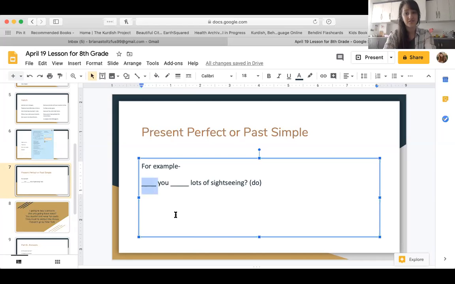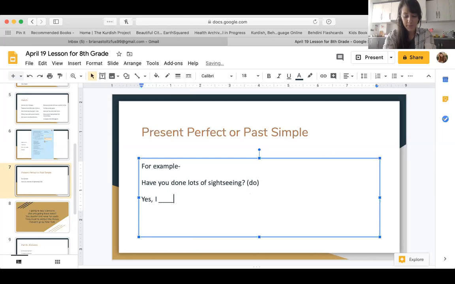Has or have? Have you, and then our verb is do. How do we make do in the past tense? Well, it would be did usually, but when we use it in present perfect, we say done. Have you done lots of sightseeing?